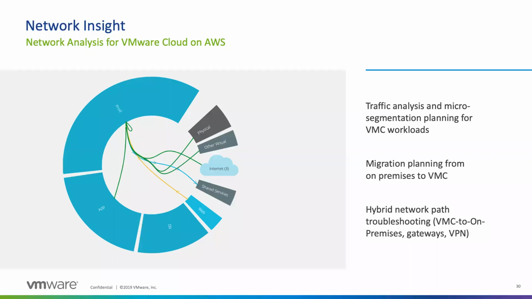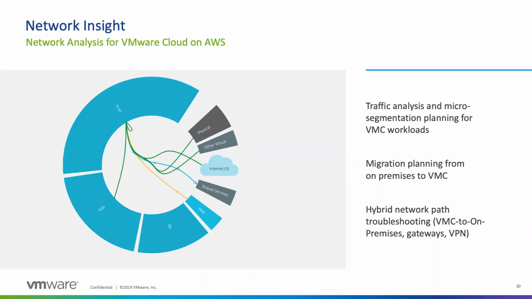But Network Insight, beyond that, is also very useful in VMware Cloud on AWS. It's fully supported on VMware Cloud on AWS and allows you to also do things like creation of your firewall rules, to go through and see what rules are needed for the distributed firewall and create that to increase your security posture.